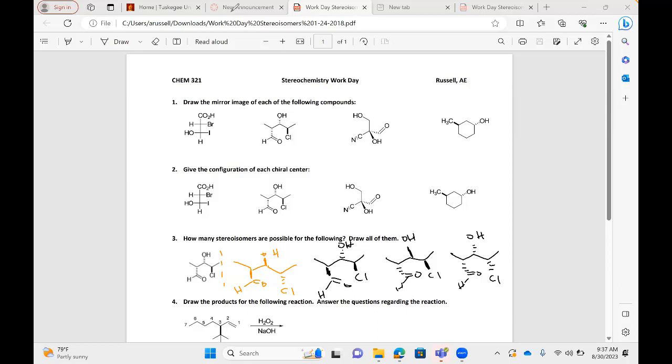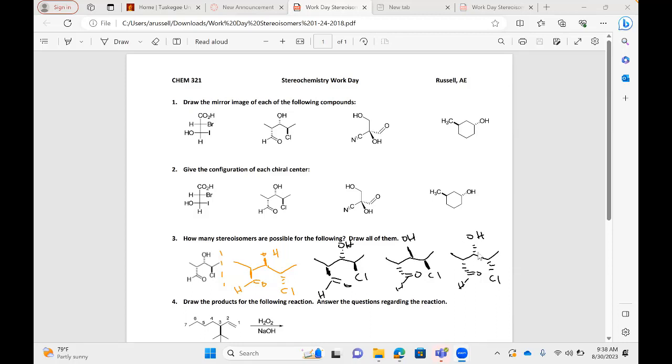Now, where would the other 3 stereoisomers come from? I'll buy lunch for the first person who can tell me that. The mirror images of the diastereomers. You're exactly right. Every one of those diastereomers is going to have a mirror image, right?